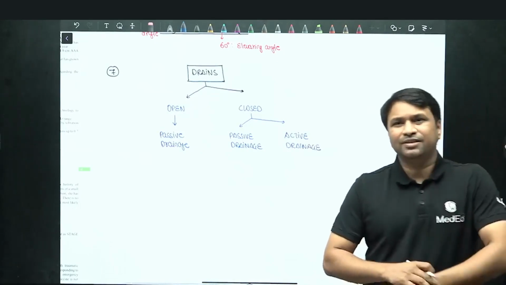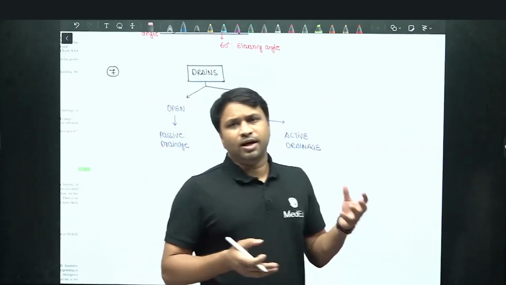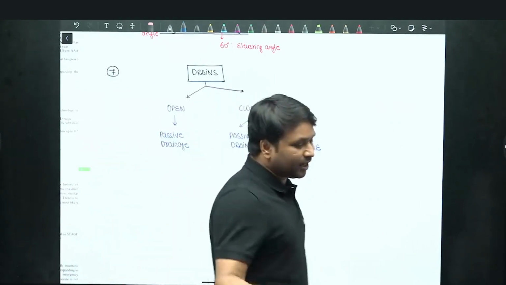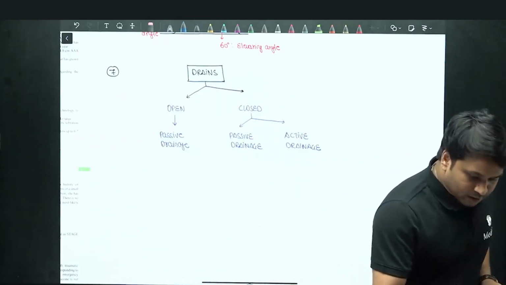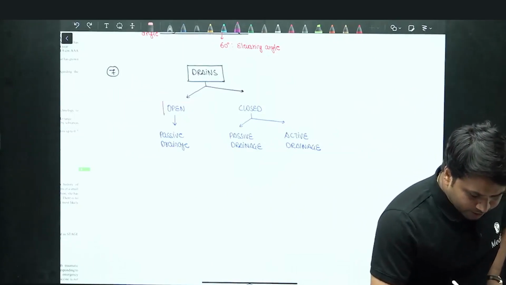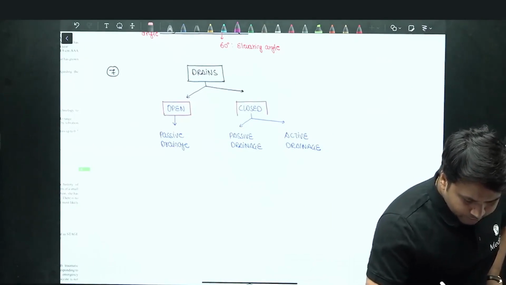Passive drainage is because of the dependent status, either because of gravity or because of a difference in pressure, that is called capillary gradient differentiation, right? So I can divide the drains into 2 components, one that is going to be your open drain and one that is going to be your closed drain, right?